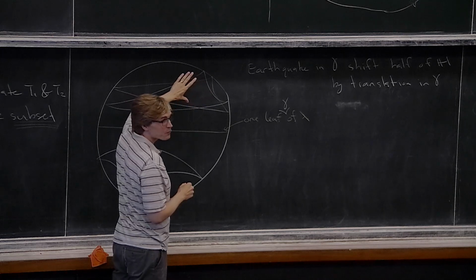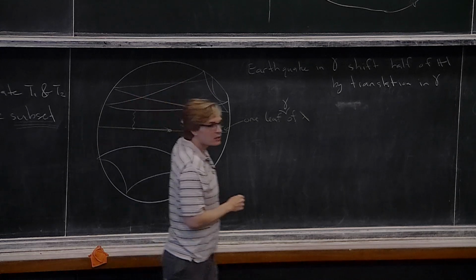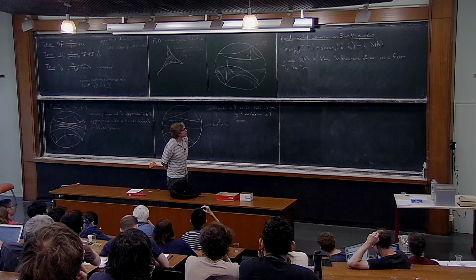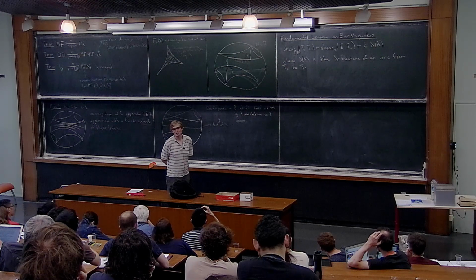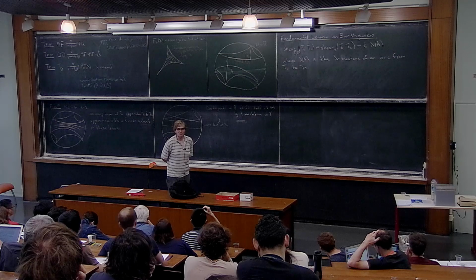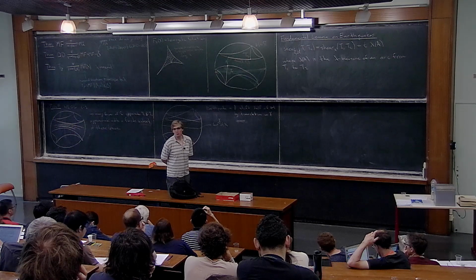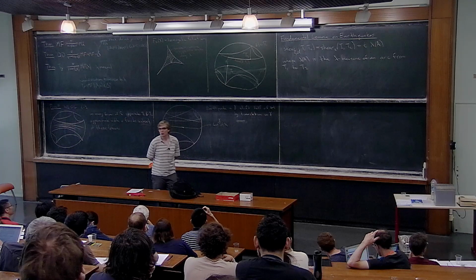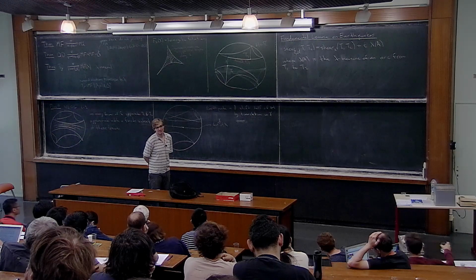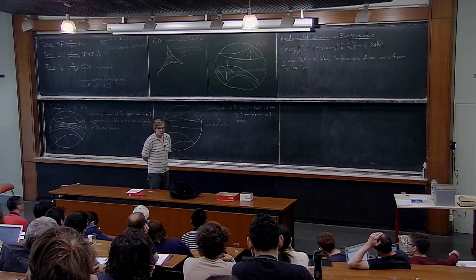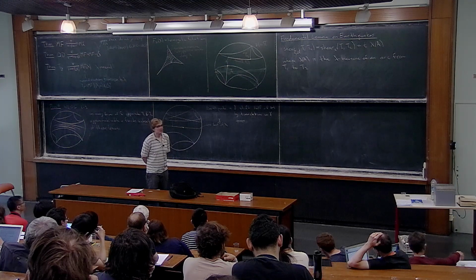Yeah? Sorry, I'm somewhat confused about this. What is the lambda measure? Oh, the purpose of a measured lamination is to give a measure to transverse arcs. Yeah, but just by definition, a transverse measure gives you a number for any transverse arc. So we don't have any measure on lambda, right? No, lambda here has a measure.